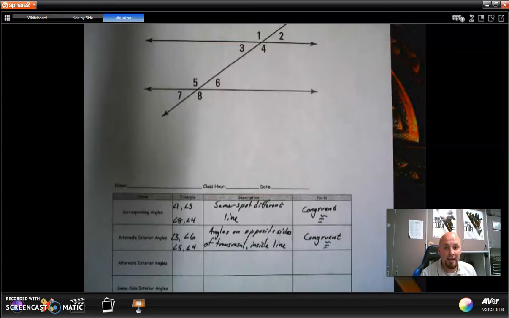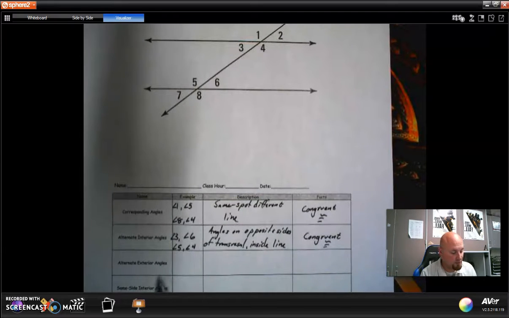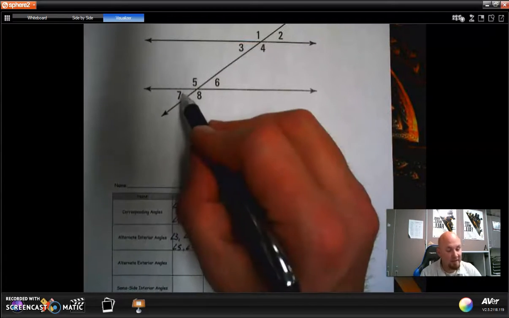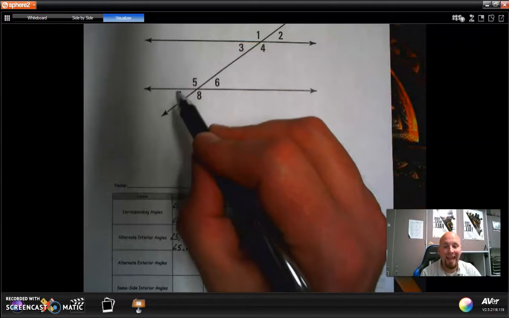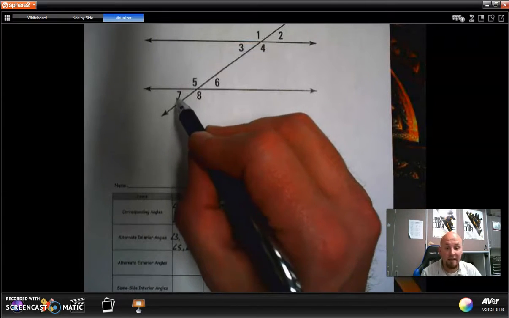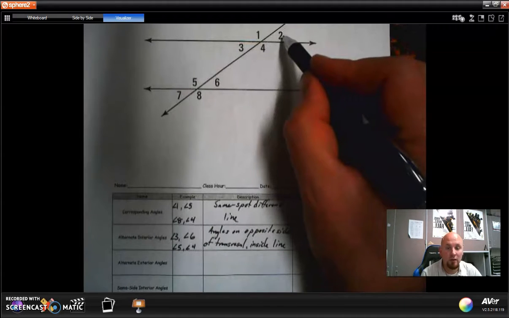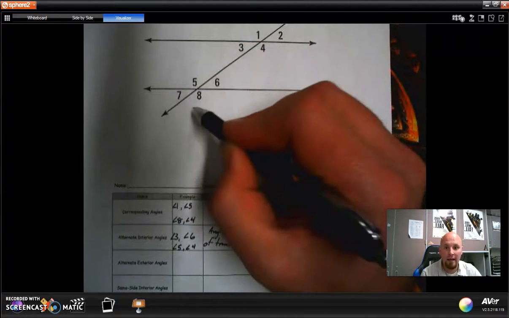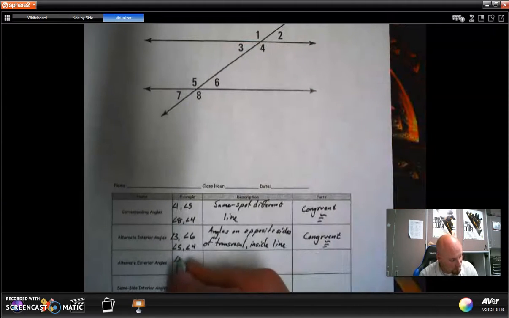So then alternate exterior angles, which is the next one, are the same thing but just on the outside. So angle 7 is an alternate exterior angle, meaning it's on opposite sides outside with 7 and 2, and then 1 and 8. So angle 7 and angle 2, angle 8 and angle 1.